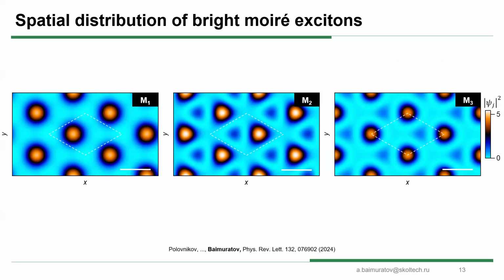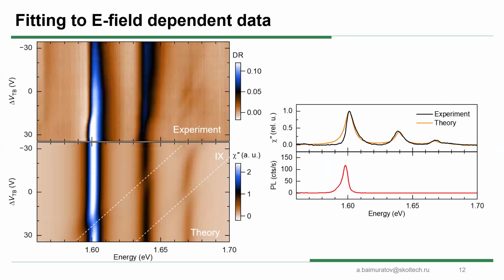As these peaks are from interlayer excitons, in that paper we found the positions of the interlayer peaks. These 2, M1 and M2, are interlayer peaks, and M3 is actually a doublet. At 0 voltage there is an anti-crossing here.